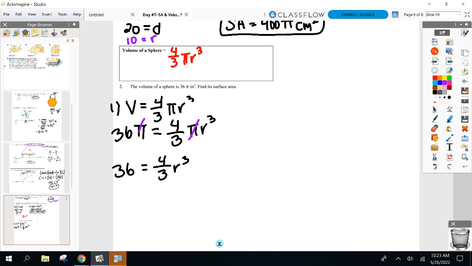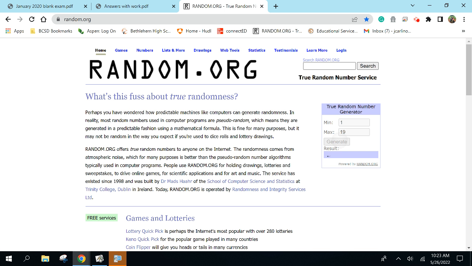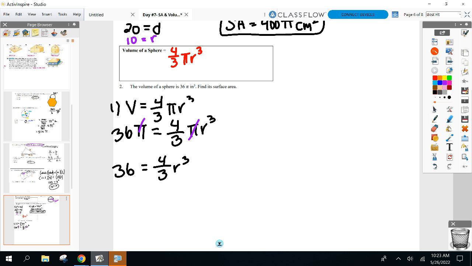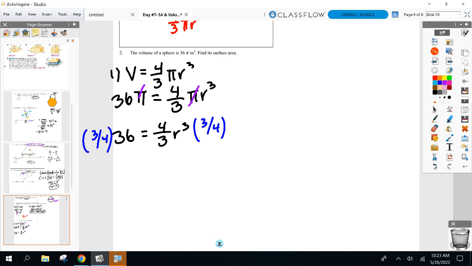Because you got to get rid of that 4/3 before you do anything. Multiply each side by 3/4. The reciprocal, 3/4. So on the right, you got r cubed. And on the left, you got 27.